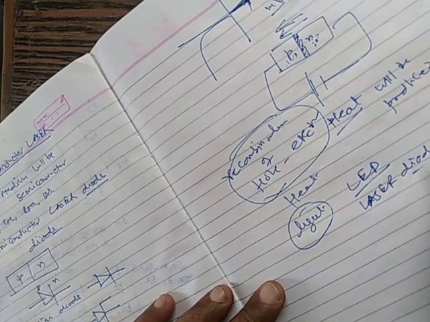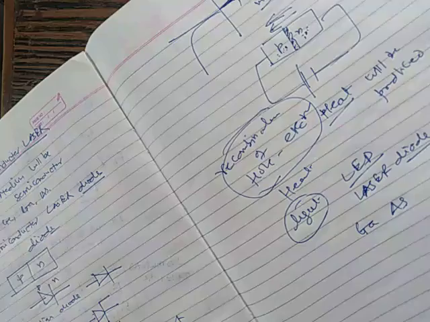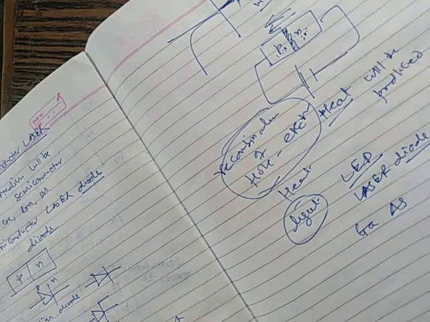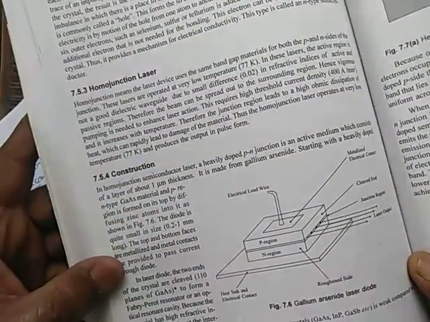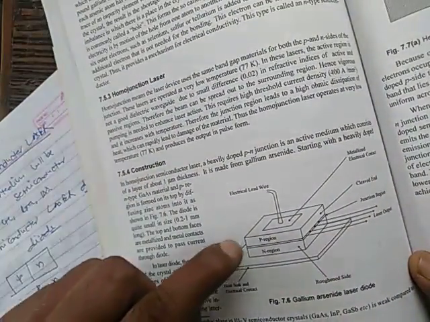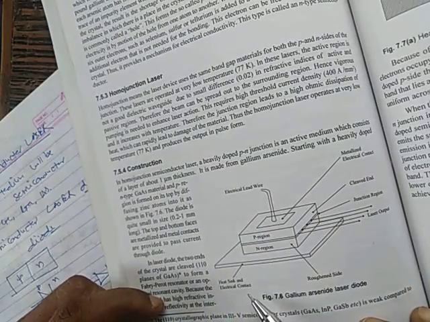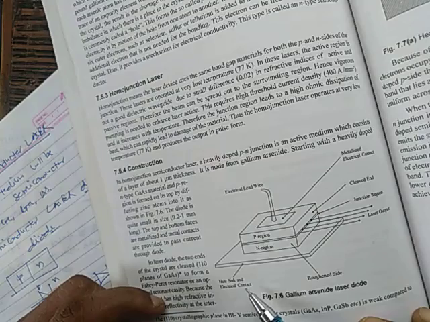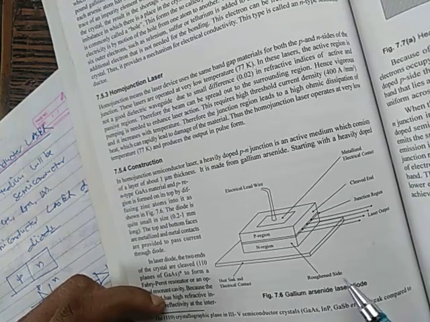So basically, this laser diode is normally made with gallium arsenide, and a schematic diagram of the laser diode is this: it is a p region and it is an n region. This is the electrical contact with the heat sink. This is the roughened surface.